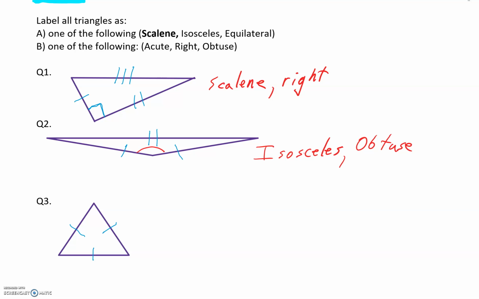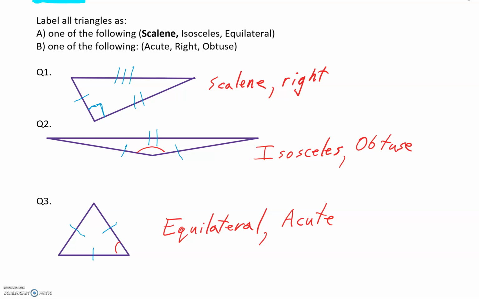Okay, and now if you look at the last one, all sides are equal. It's equilateral, which means if it's an equilateral triangle, it has to be also an acute triangle.